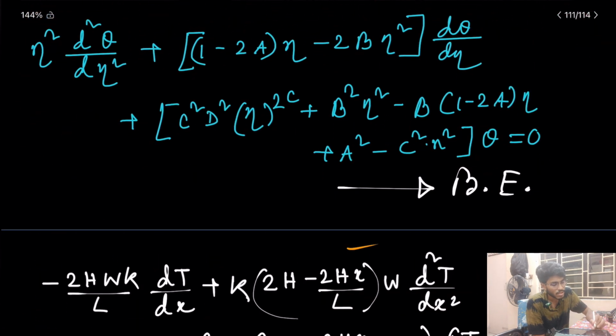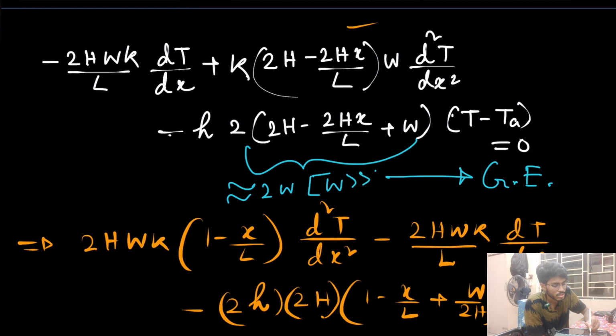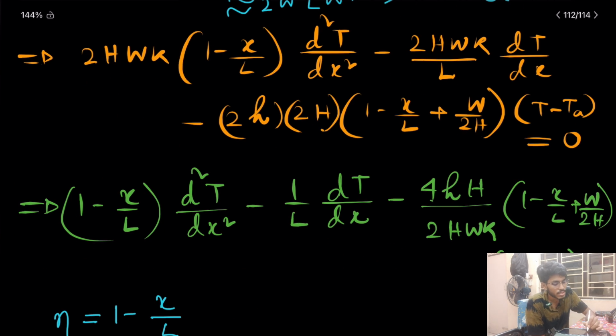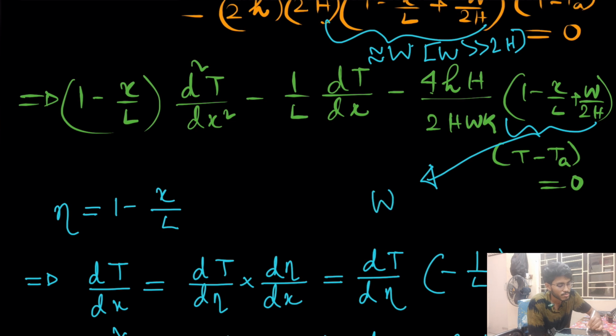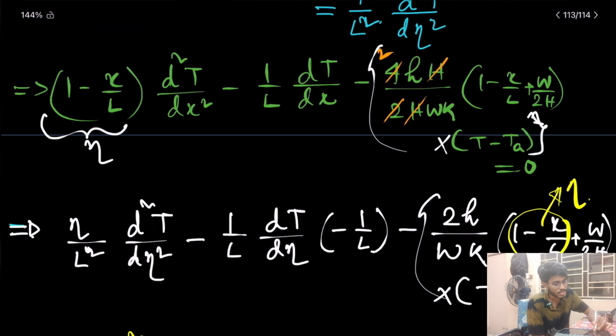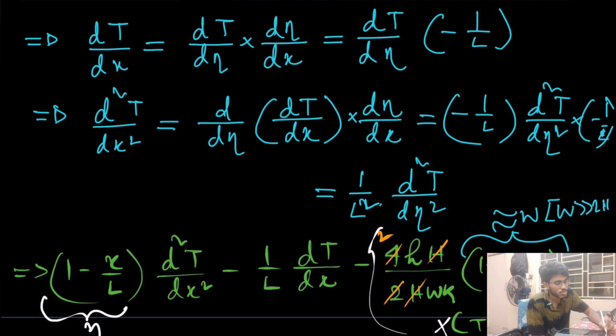Again, where were those equations? So this becomes approximately 2 into W if my W is much greater than 2h. That means this becomes only W, right? Again this becomes only W if W is much greater than 2h. Everywhere here also this will be almost W, because W is much greater than 2h.